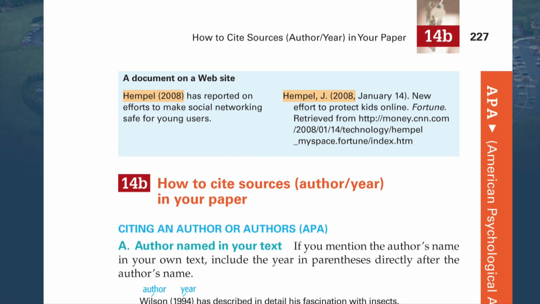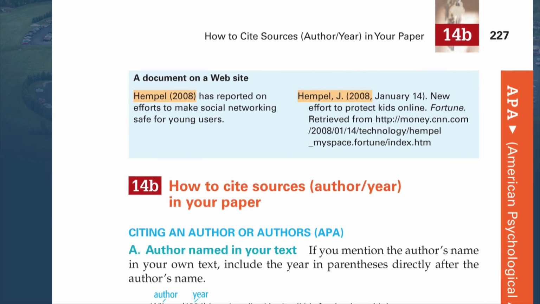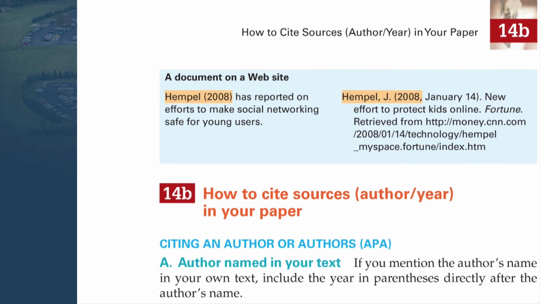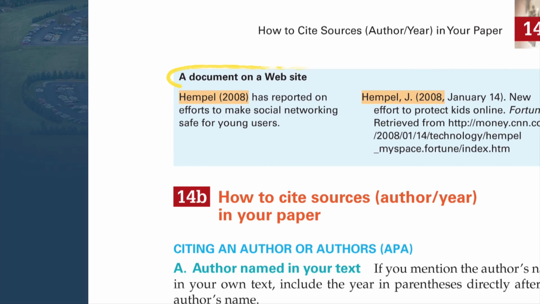The last example here is at the top of page 227, and this is when you document a website. In this case, since there are no page numbers on a website, even if you print the pages out of a website you're looking at, that does not mean they match up to the pages when you look at it on your computer.